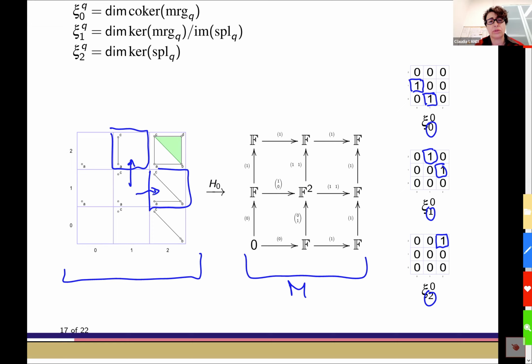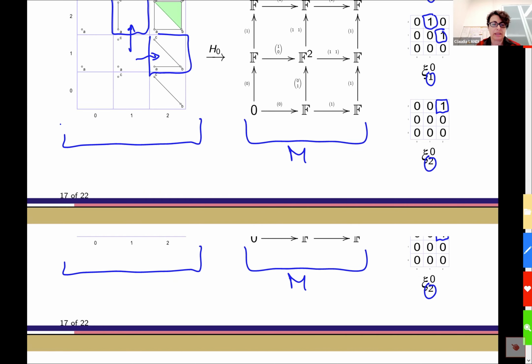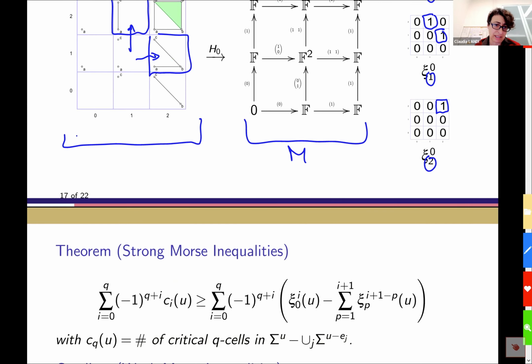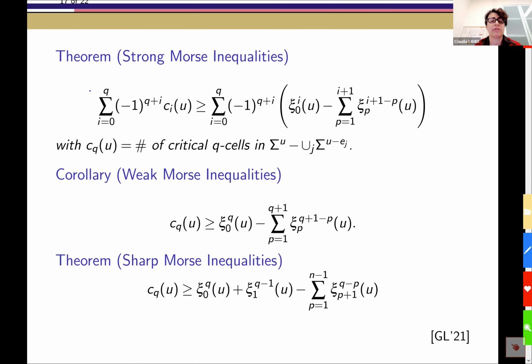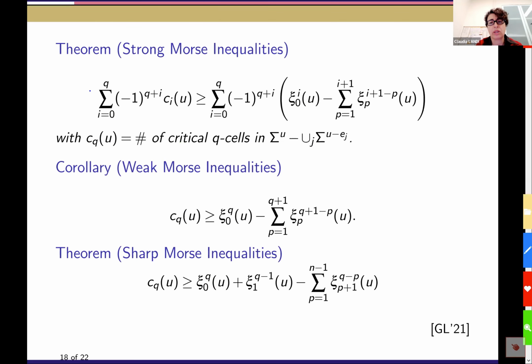So they are linked to birth and death, but in a different way than in one parameter persistence. But what is interesting is that it is possible to derive Morse inequalities, because the Koszul complex is a chain complex, and so we can find strong Morse inequalities for that chain complex.